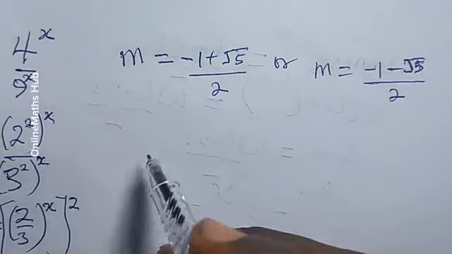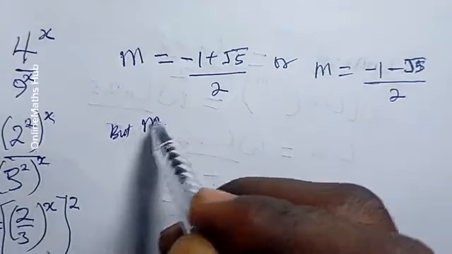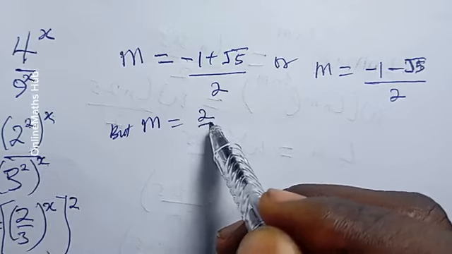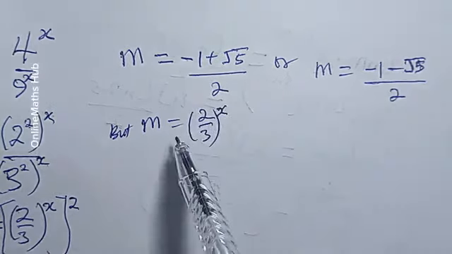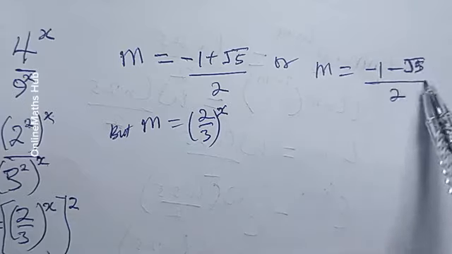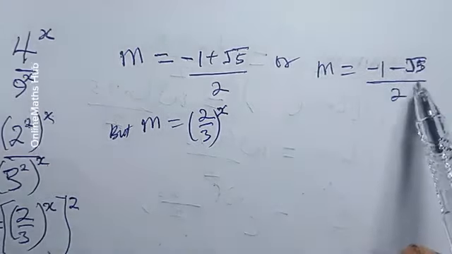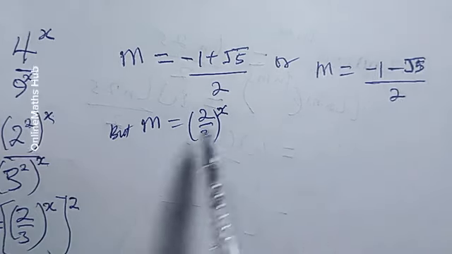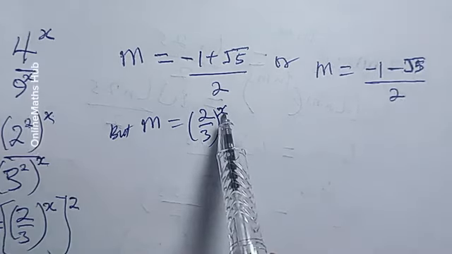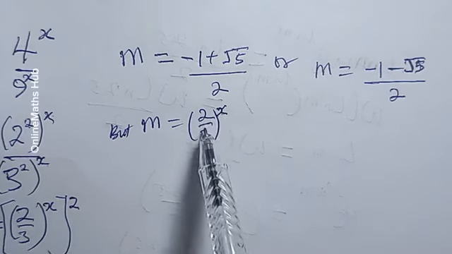don't forget that we actually set our m to be equal to 2 over 3 all raised to power x. Of course, you see that when you simplify all of these, the second value which we got for m is actually going to give you a negative answer. And of course you can see that since this is power, there's no value of x that when you put right here will turn to negative.